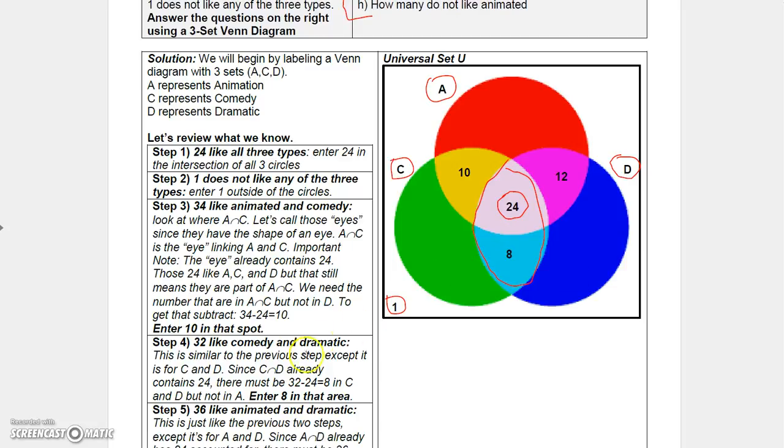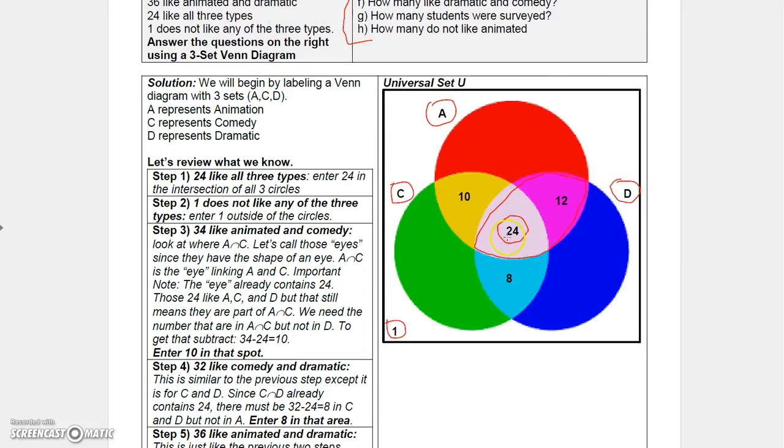And then finally, down here it says 36 like animated and drama. So I look for the animated and drama intersection, and that's going to be this region. And the number in here has to add up to 36. So since I've already got 24 accounted for, that gives me 12 here to make it total 36.